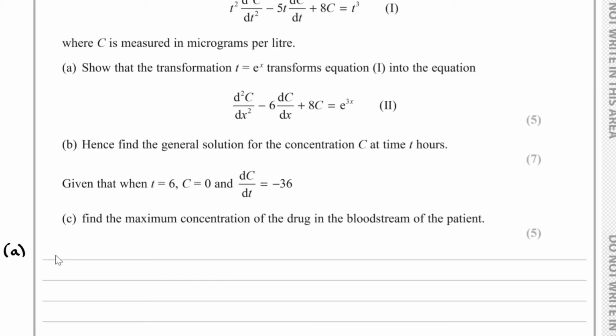we're going to begin with our equation t squared d squared c over dt squared minus 5t dc over dt plus 8c equals t cubed. Okay, and we need to use the substitution t equals e to the power of x.